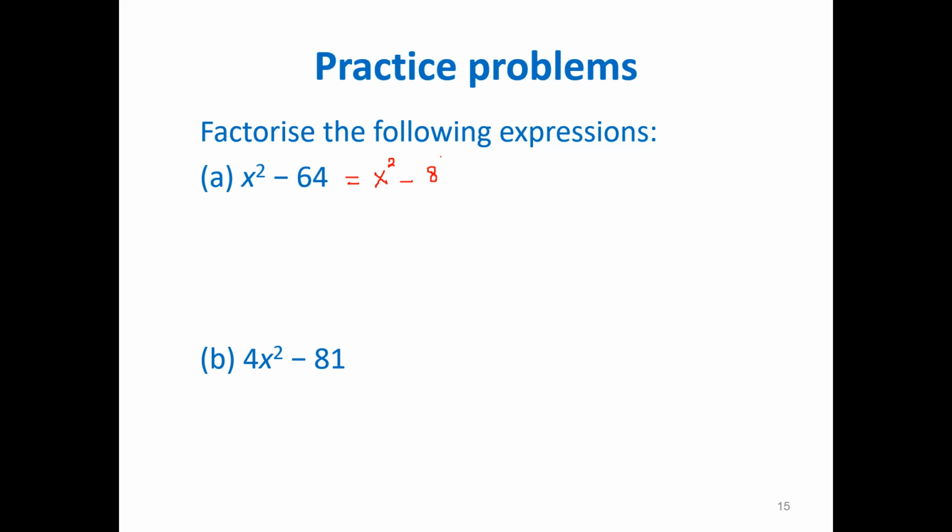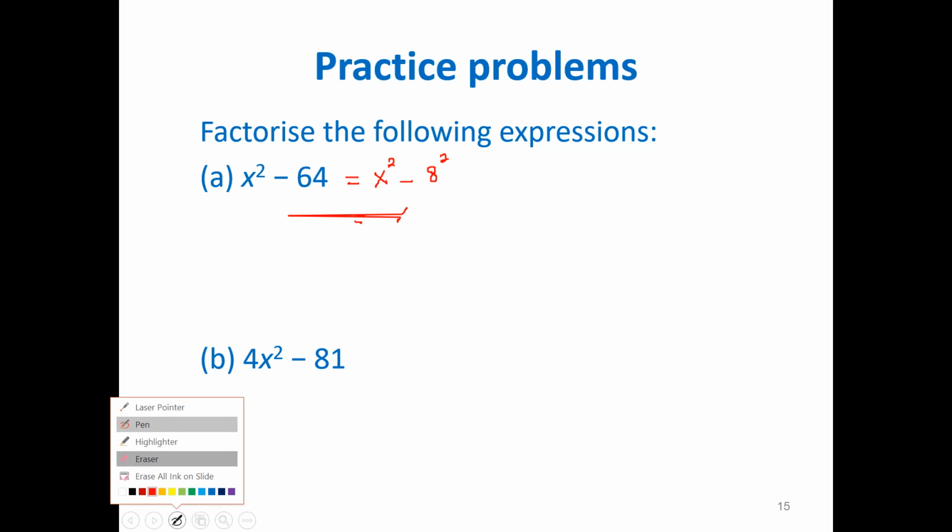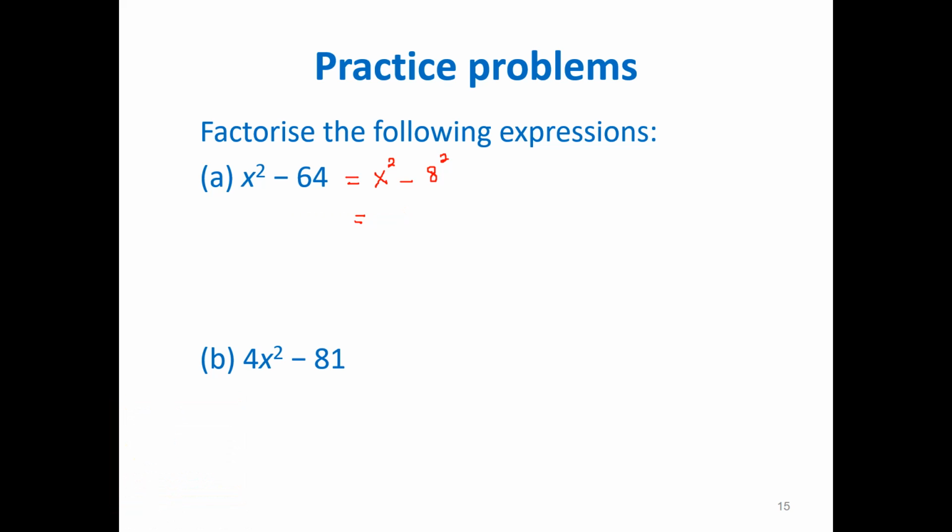There is only one number, that is 8. So 8 squared will give us 64. And this can be factorized as x plus 8 in one bracket, and the second bracket will be x minus 8.